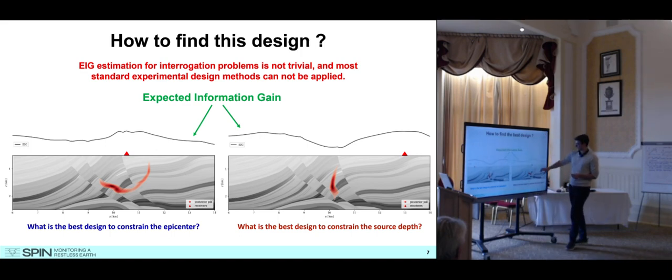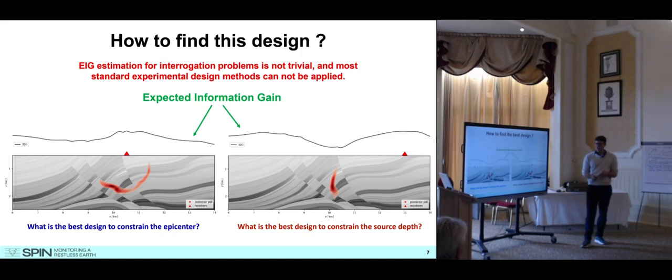And for the source depth, it's good to place it in the middle. And in this case, it intuitively makes sense. But as soon as you start to introduce a 3D geometry, more than one station, different noise, you couldn't do that intuitively anymore. So to summarize, expected information gain estimation for interrogation problems is not trivial, and you can't use many of the standard algorithms. And that's what we're working on.